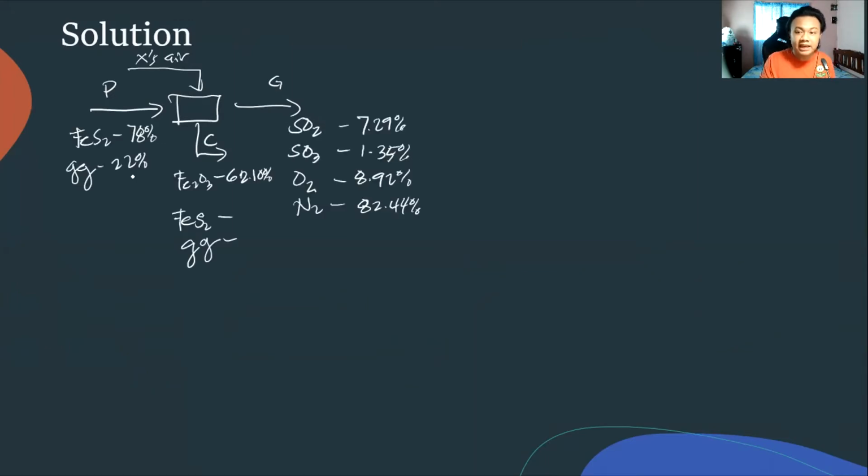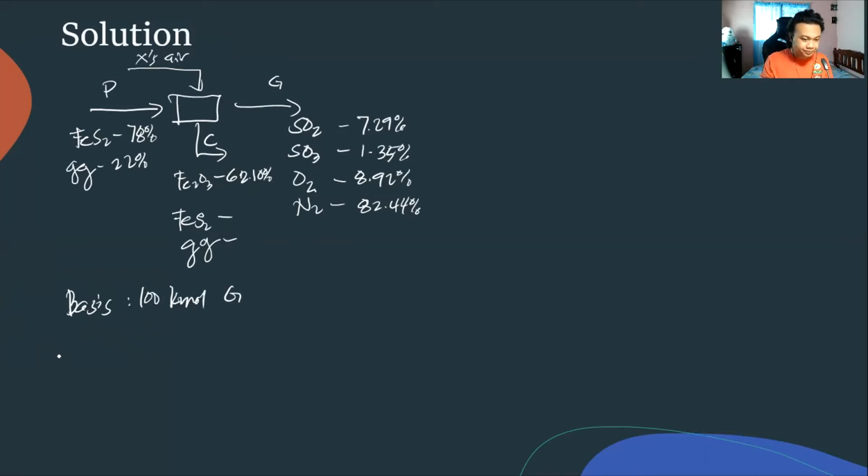So now we have the system drawn, and now we have to have our basis, diba? It's either we can do the pyrite or we can do the gas. But for me, the easiest one would be the gas. So basis is 100 kmol of the gas, or stack gas.